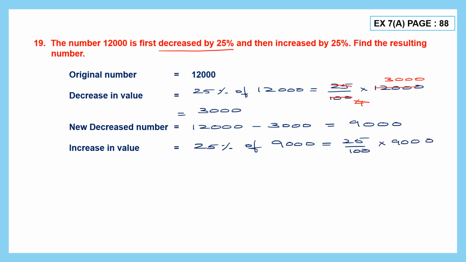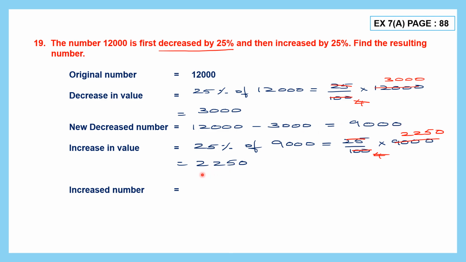So that is 25 by 100 into 9,000. So again, we can cancel 25 and 100, and we can cancel 4 and 9,000. That is 2,250. So now we have found the increase in value is 2,250. So let's write that down. So which is the increased number now? The new decreased number was so much.